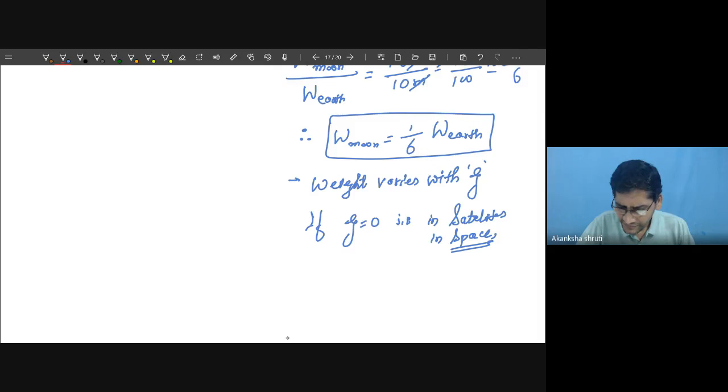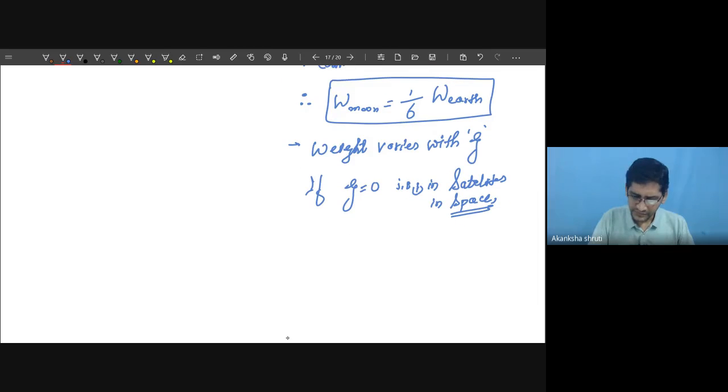Also at the center of the earth, if you reach the center of the earth, earth is like a sphere, it must have some center. So at this center the acceleration due to gravity value is 0.